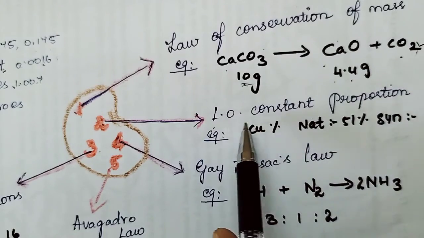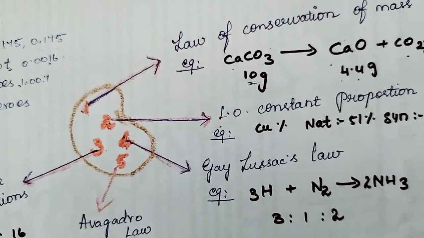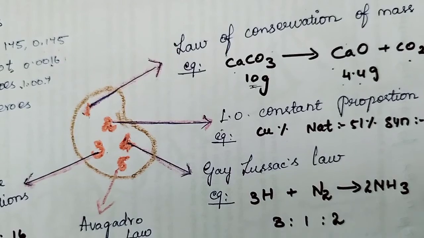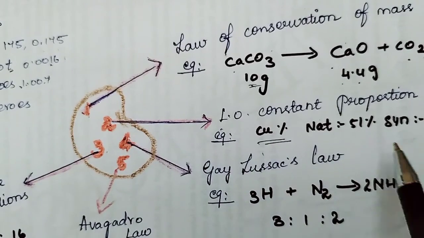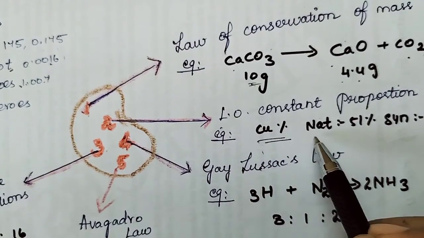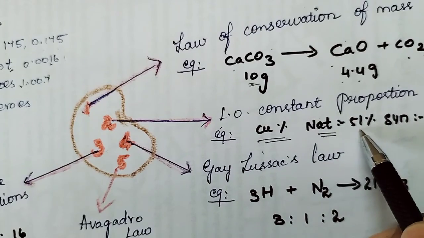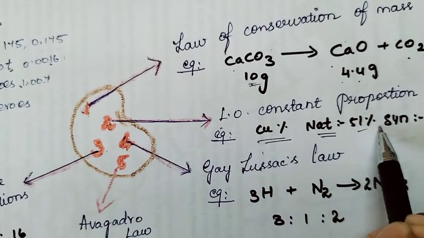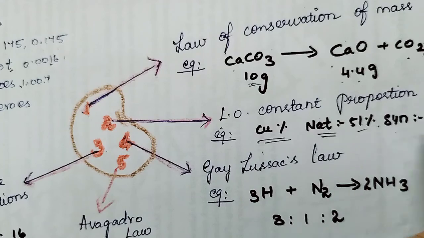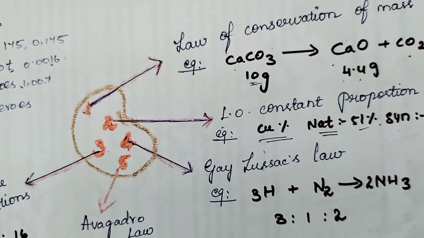Next is the law of constant proportion. Whichever the source may be, the element will be in the same percentage. If copper carbonate is prepared naturally, it has 51% copper. If you prepare it synthetically, it is also 51%.